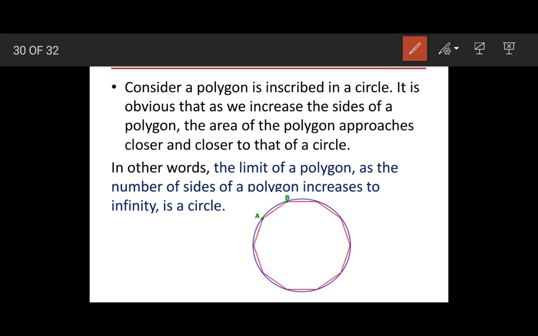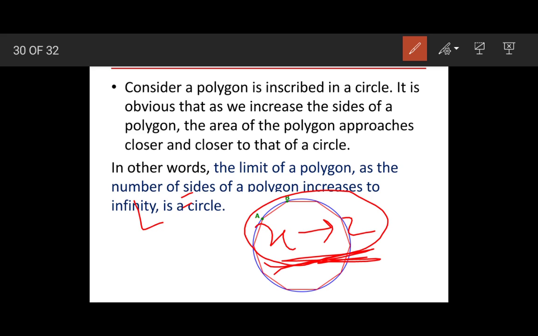But in limit, what you are doing is substituting the approximate, nearby value. X tends to 2 is given, right? So in limit we are substituting a value of x which is nearby, not that value. X is not equal to 2.